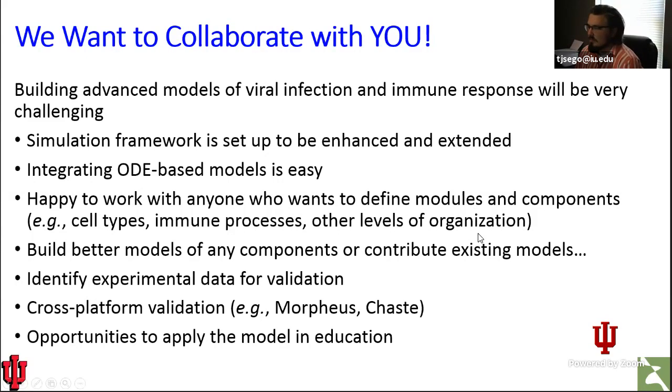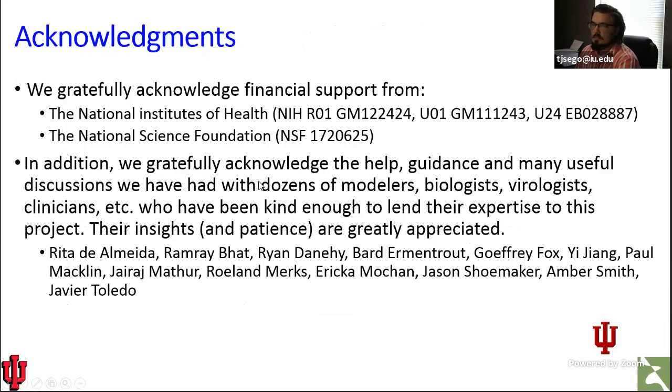We like to do lots of cross-platform validation, so we work with friends who develop Morpheus and Chaste, implementing versions of the framework in their platforms as well. We're very grateful for the funding provided by NIH and NSF, and for our many collaborators from different backgrounds who've helped develop this framework and provided insights.